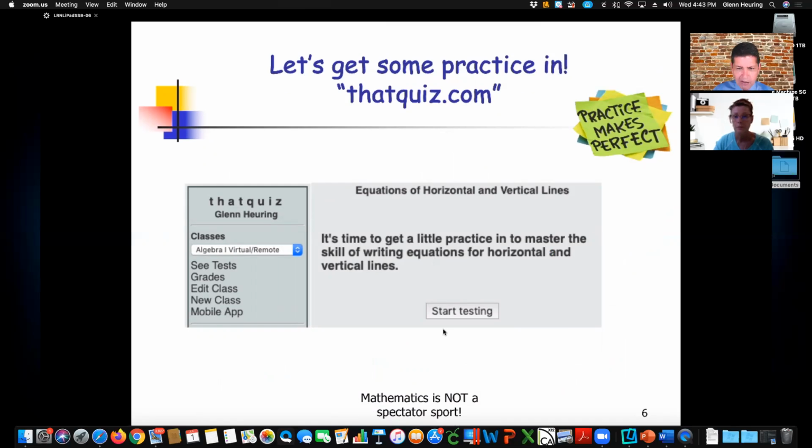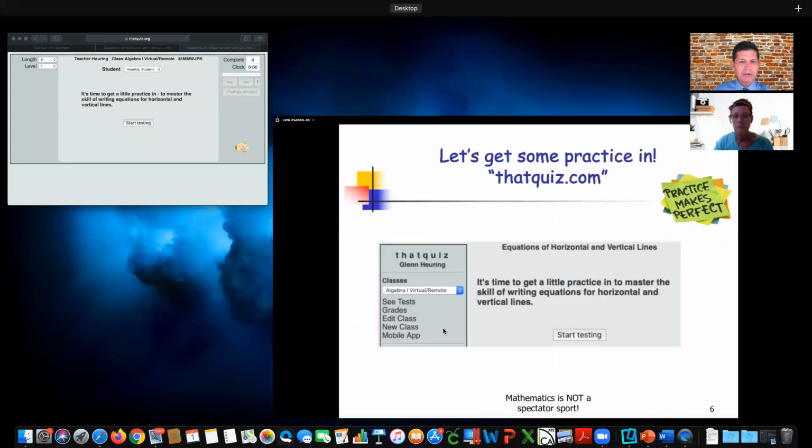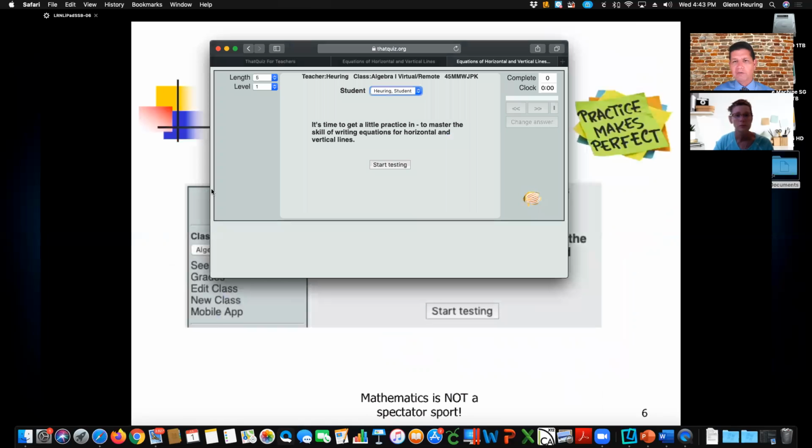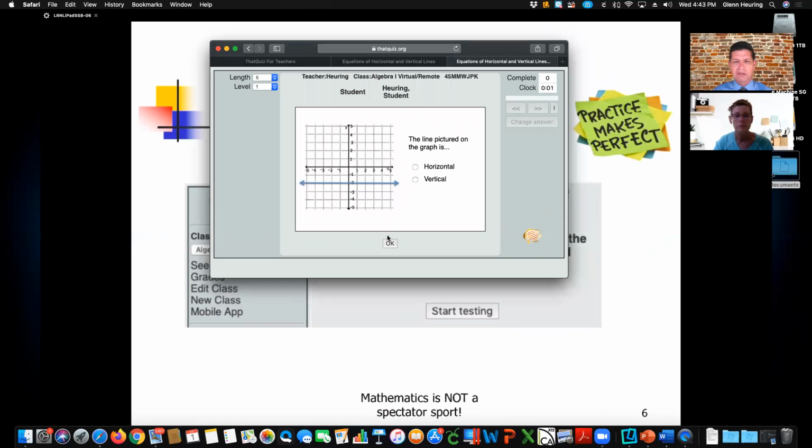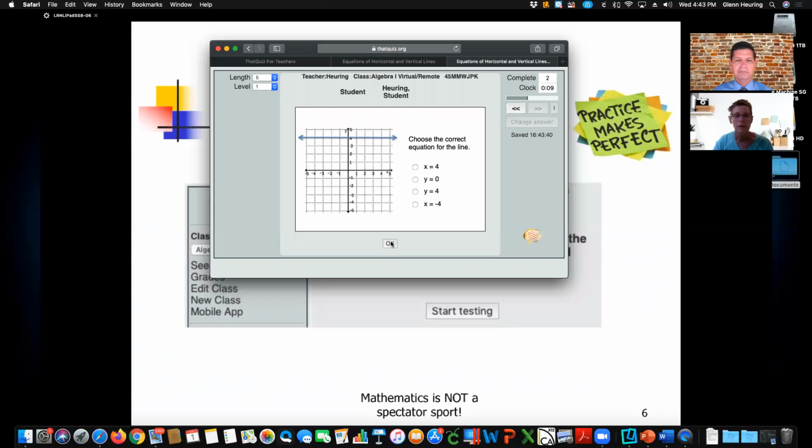I have a little 5-question worksheet you can try. When you're ready, just hit start testing and get down to it. Horizontal line. That would be a vertical line. That is a horizontal line, so it's Hoy, and our intercept is 4, so y equals 4.